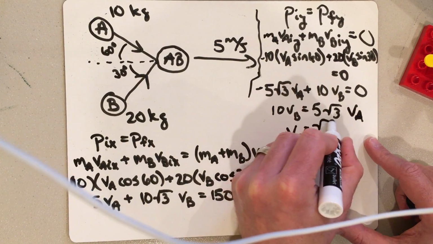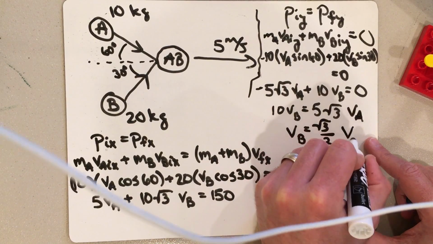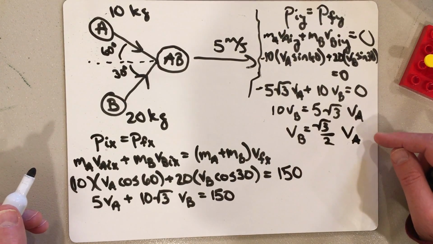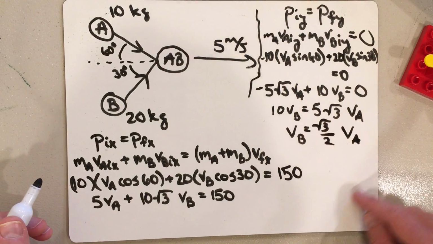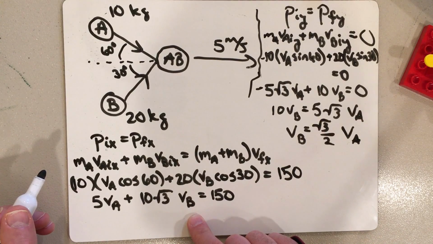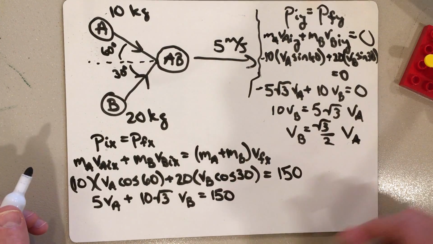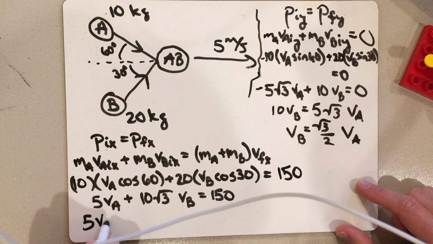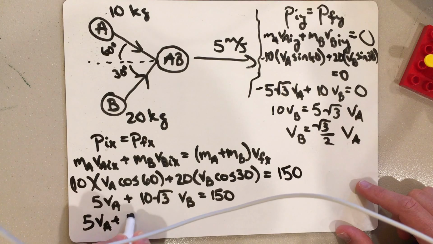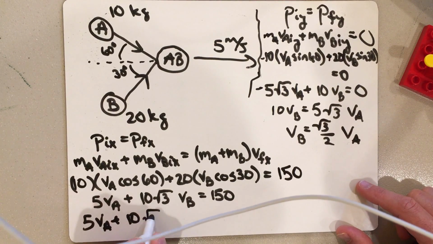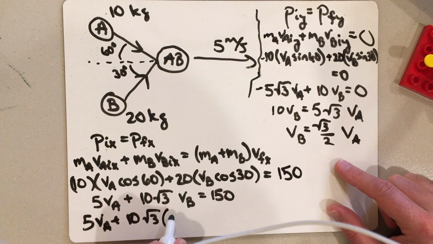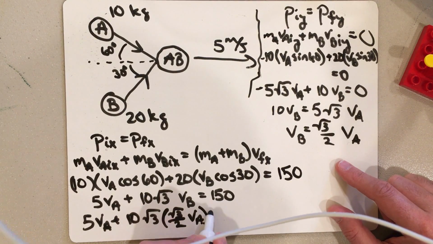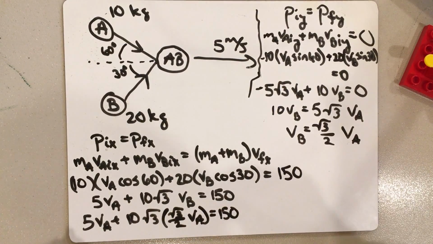And VB is going to equal root 3 over 2 times VA. Now all I have to do is substitute that over here and then solve for VA. So this is going to be 5 VA plus 10 root 3 times VB, which is root 3 over 2 times VA. That has to equal 150.